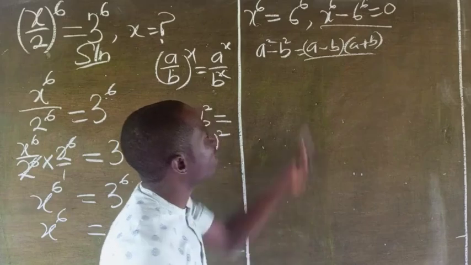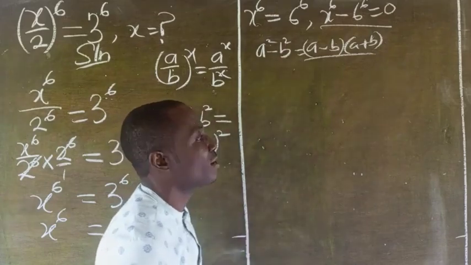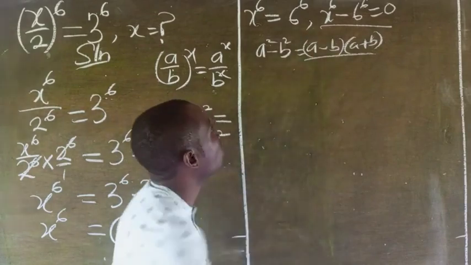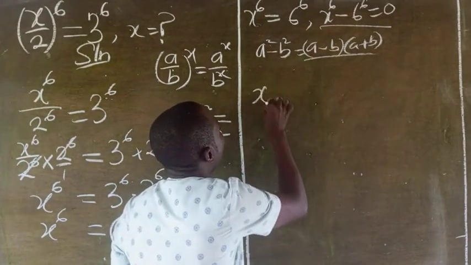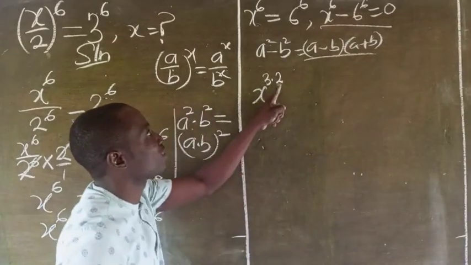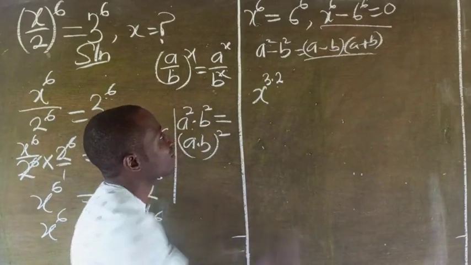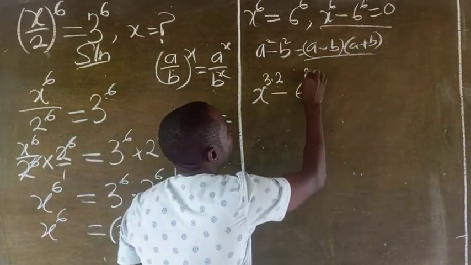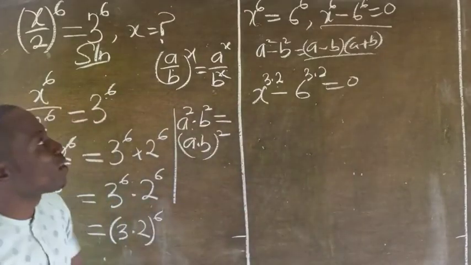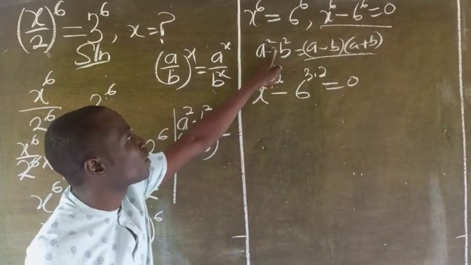That means we can factor 2 out of the power. So I have s raised to the power 3 times 2, so 3 times 2 is the same thing as 6, minus 6 raised to the power 3 times 2 equals 0. You see this? Our intention is to get them raised to the power 2.